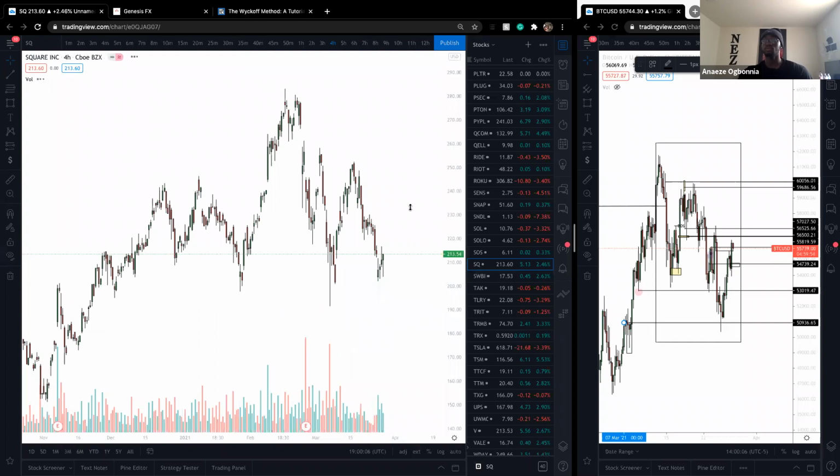Square follows Bitcoin price, hit the order block, sold off. So right there, we are definitely bearish for the time being, just like Bitcoin.